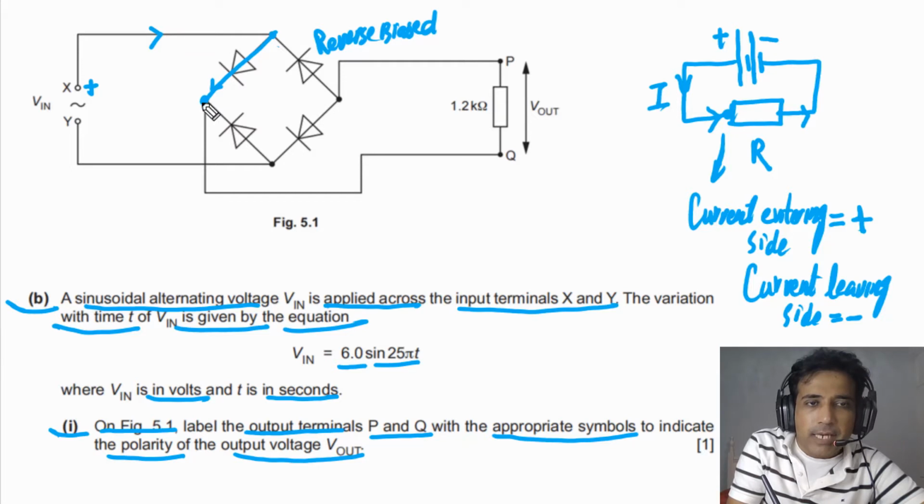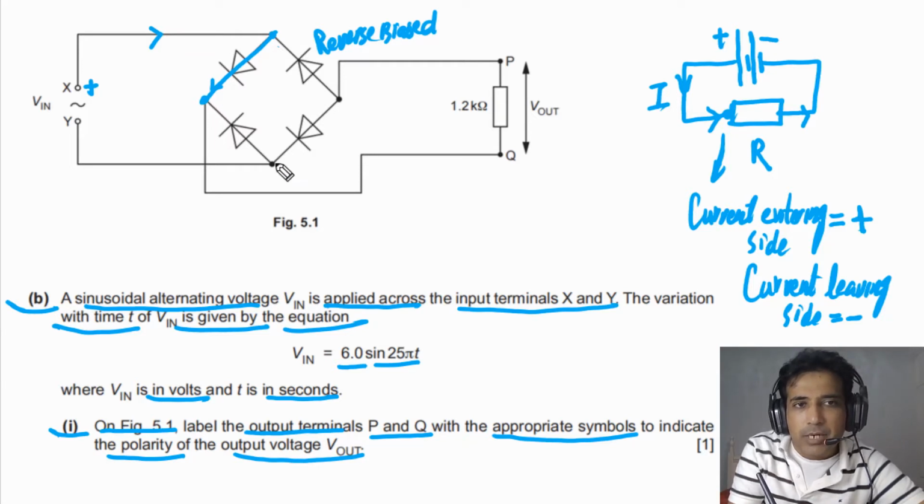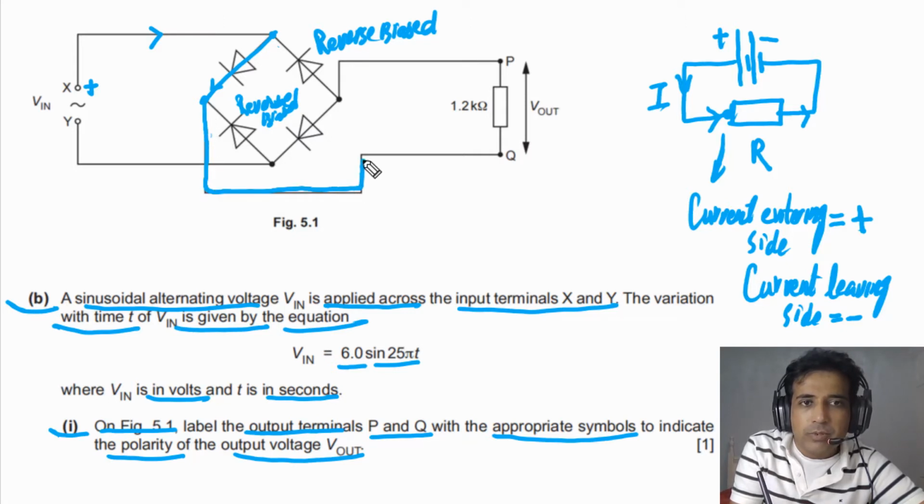After reaching this point, current cannot pass through this diode because it is connected in reverse bias. So current simply will flow like this. Current will go this way and current will enter this resistor from Q. So this side has to be positive, and current will pass through this resistor and come back like this.